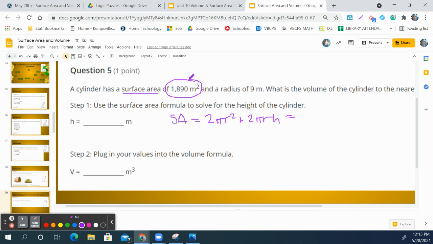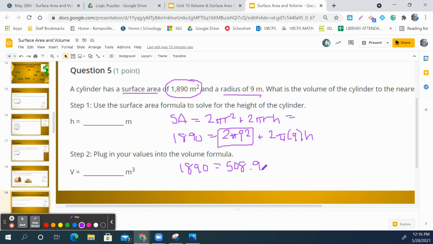So you should fill in everything you know. I know that 1890, right? So 1890 is my surface area. And I know the radius is 9. So 2 pi 9 squared plus 2 pi times 9 and then h. So can I put this whole thing in my calculator and see what it turns out to be? So it's like 508.68.